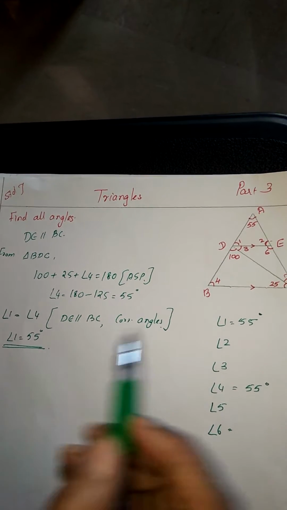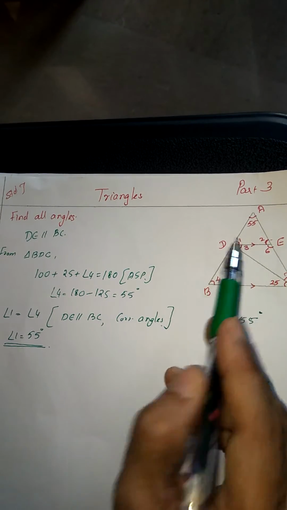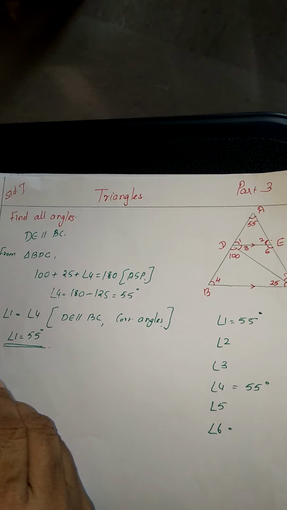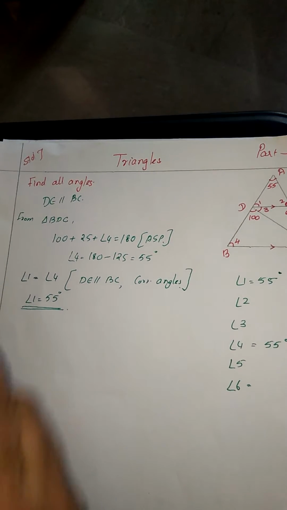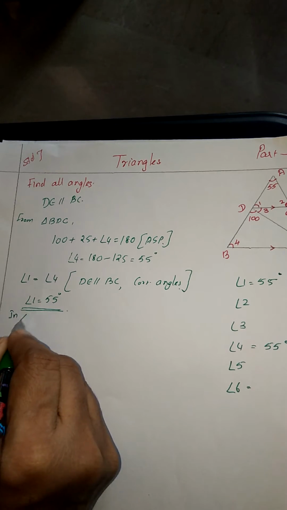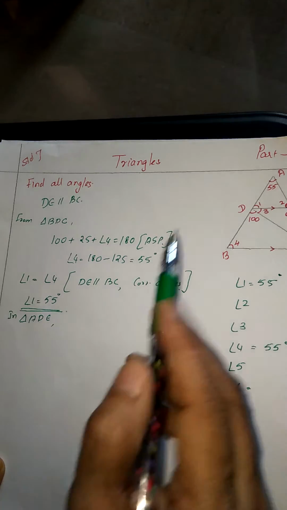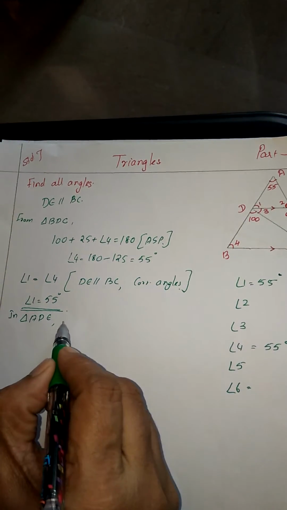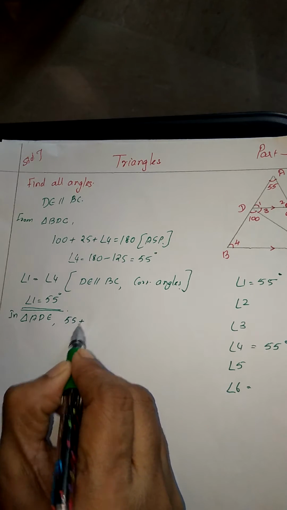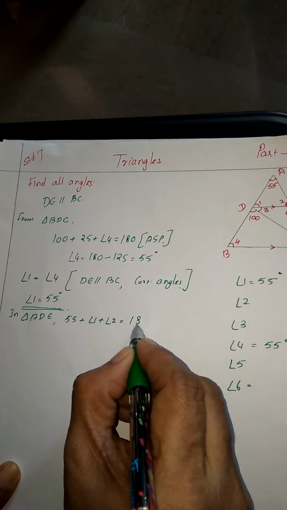Now in triangle ADE, we get 55 plus angle 1 plus angle 2 is equal to 180 degrees.